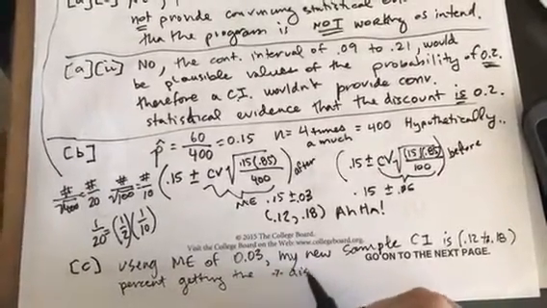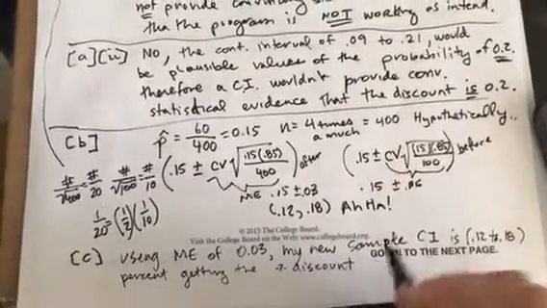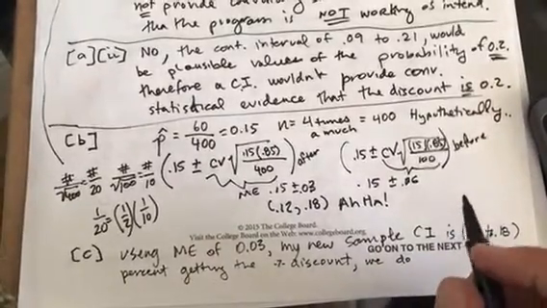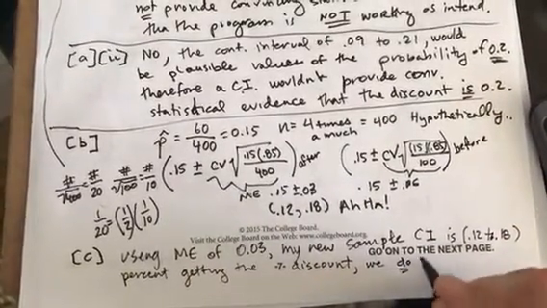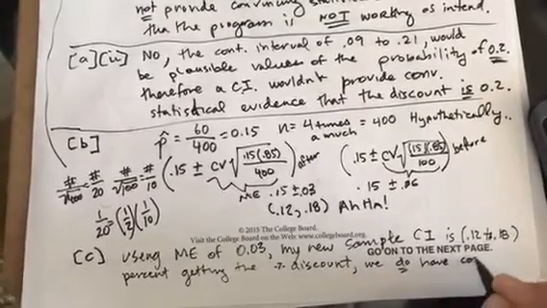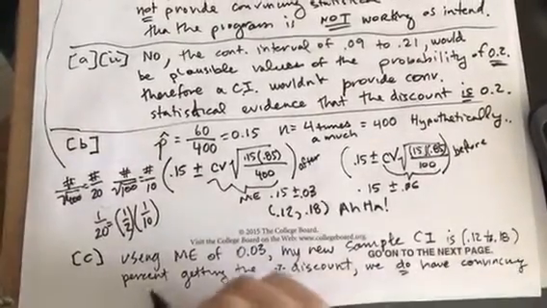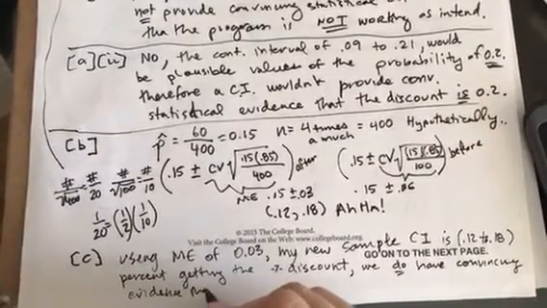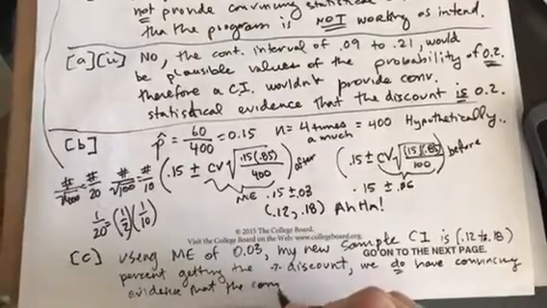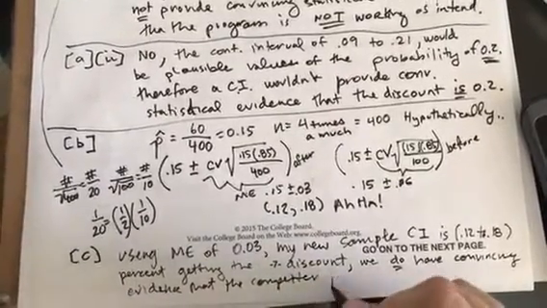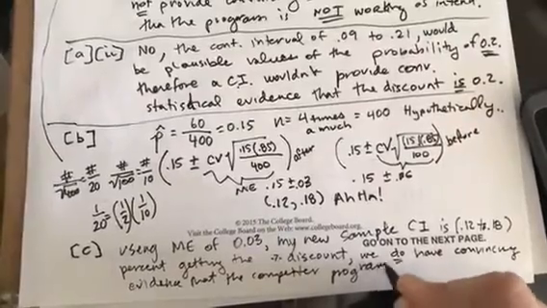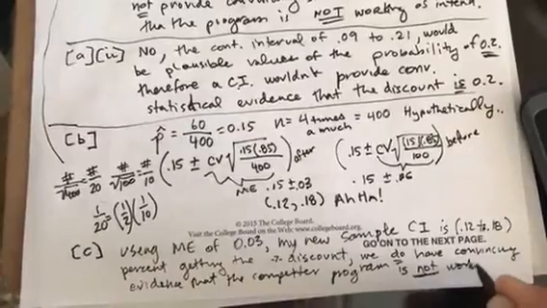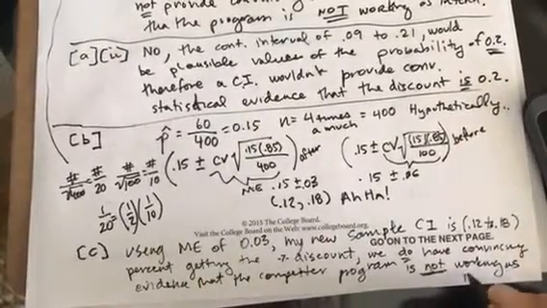Now I want to put some facts in there, right? So that's the percent of people getting my discount. We do have convincing evidence that the computer program is not working as intended.